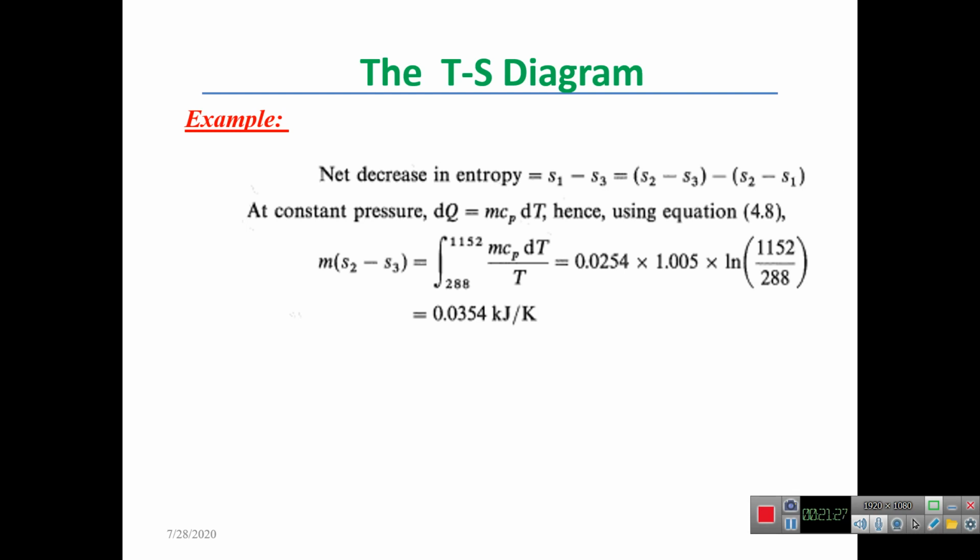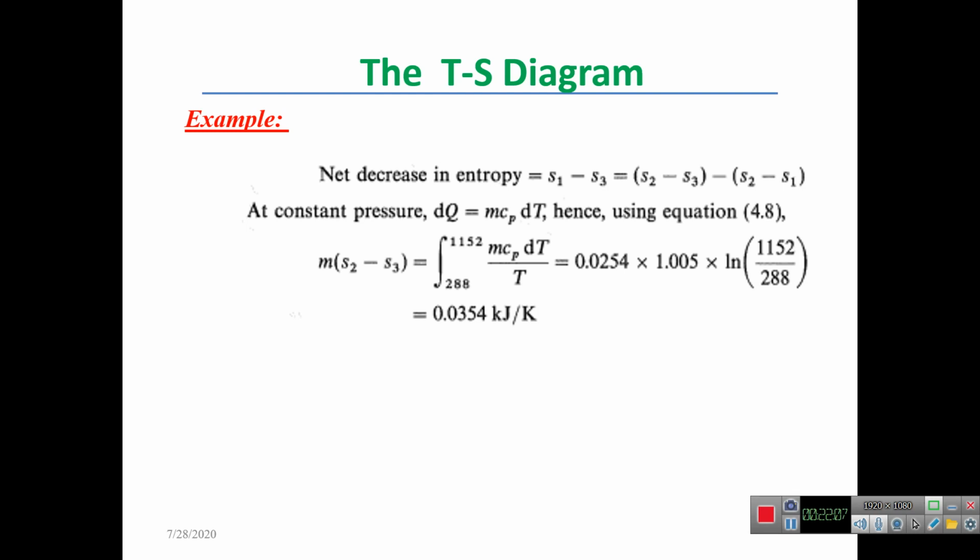Hence, using equation 4.8, which you have developed from the second law of thermodynamics in our previous classes, we can say m into S2 minus S3 is equal to the integral from T3 to T2 of m cp dT by T. Now m is 0.0254, cp for air is 1.005, ln T2 over T3, which is equal to T1.